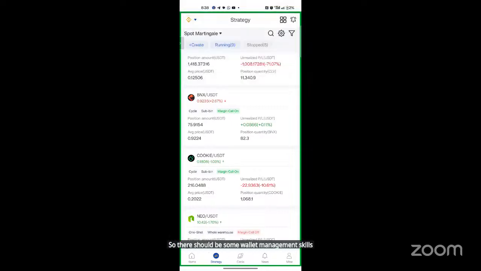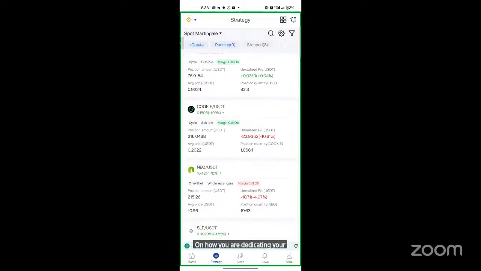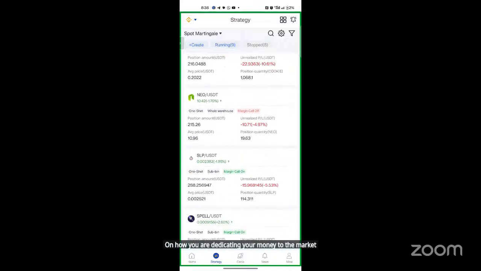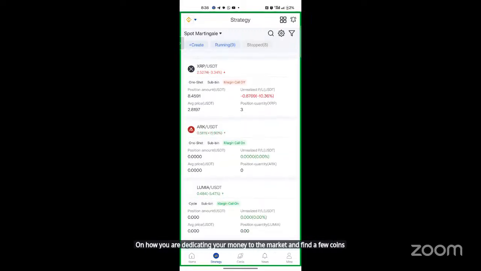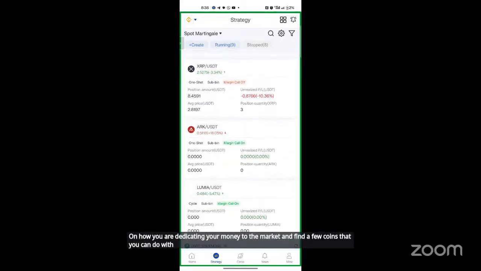That is very important: how you are dedicating your money to the market and finding a few coins that you can do with, and also apply one shot, which we are going to discuss in detail in the next class.